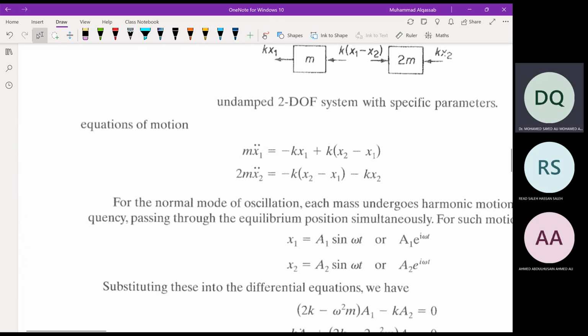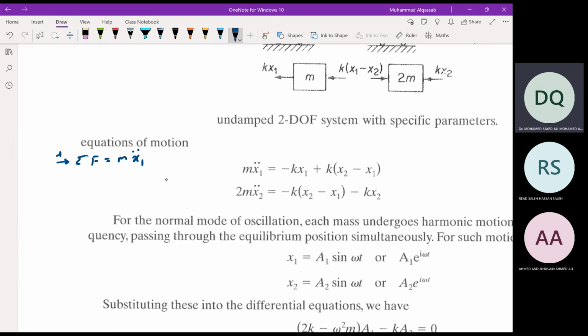Okay, so when you apply Newton's second law, sum of forces equal to m x1 double dot, and we take this direction positive. We have m x1 double dot equal to minus k x1 minus k(x1 minus x2).